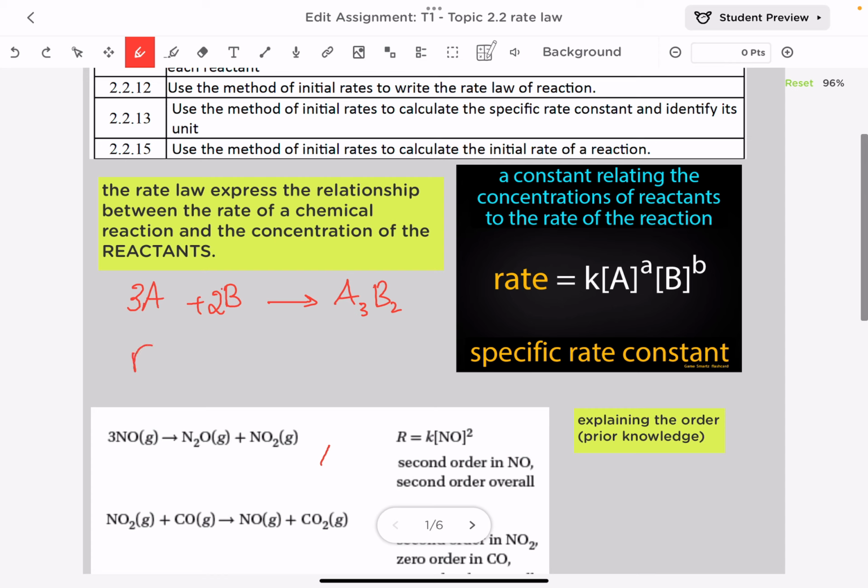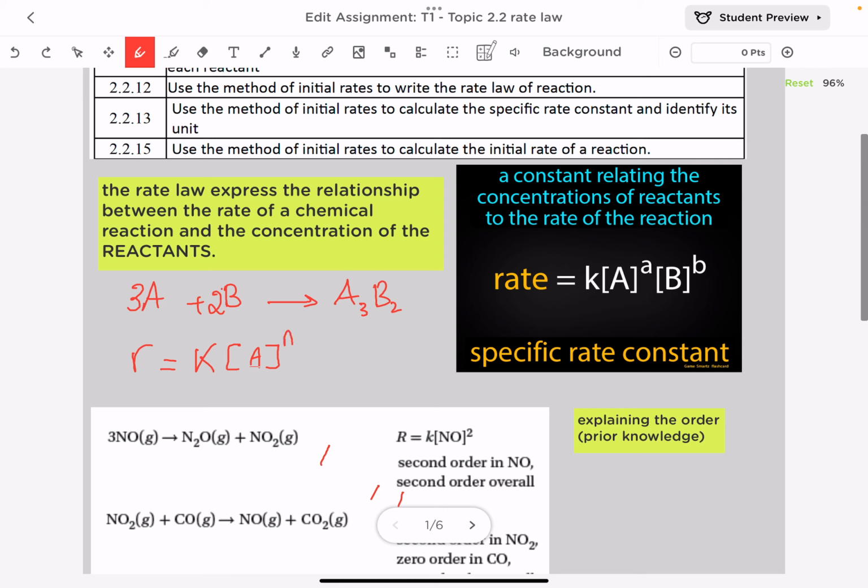The rate law is a formula R equals K, which is called the rate constant, multiplied by the concentration of A raised to a certain order. The order is a number, an integer from 0 to infinity: 0, 1, 2, 3, 4, whatever.